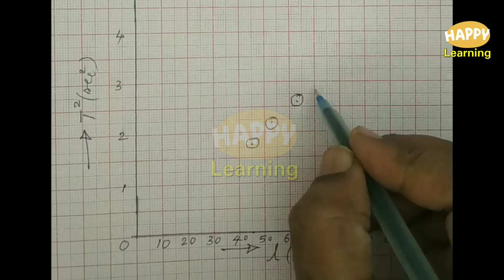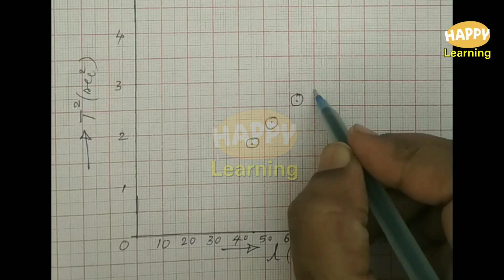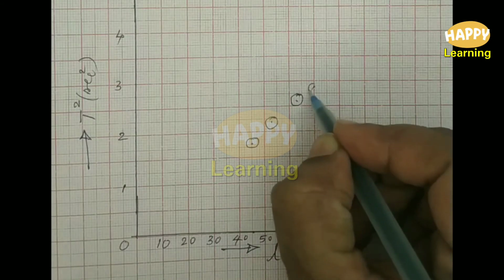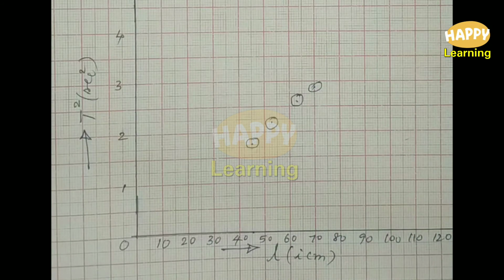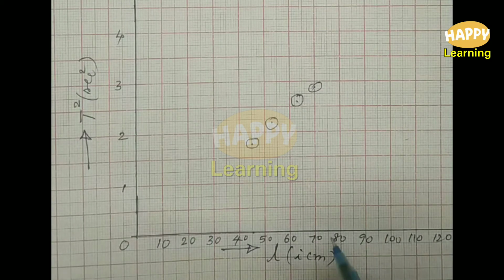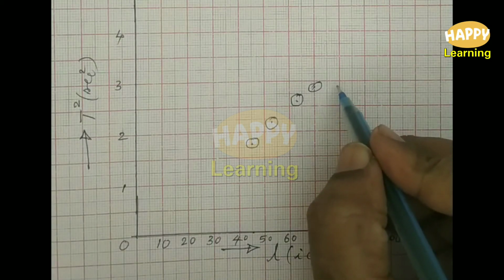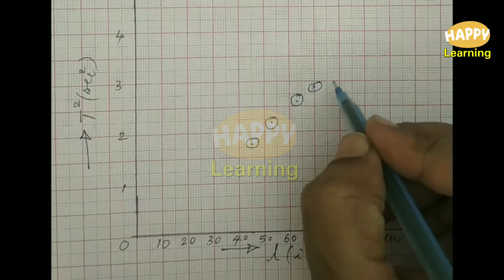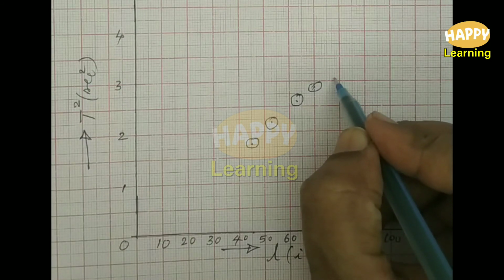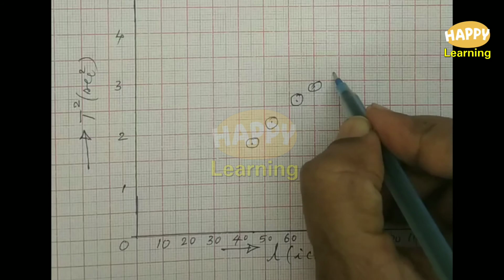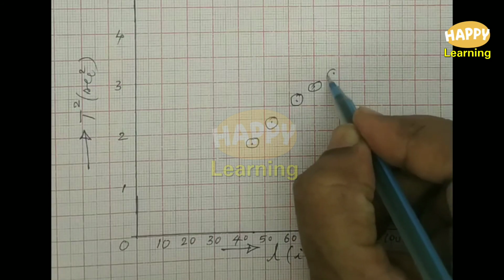For L equal to 70, T square value is 2.86. Then for L equal to 77.6, T square is 3.17, you can choose 3.2. So this is the point.